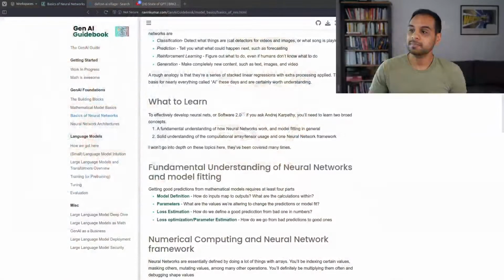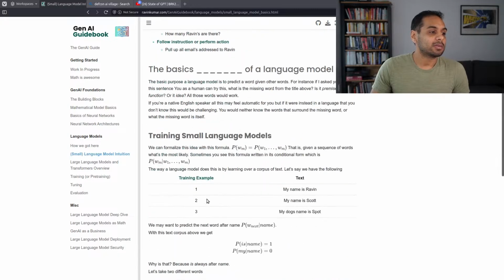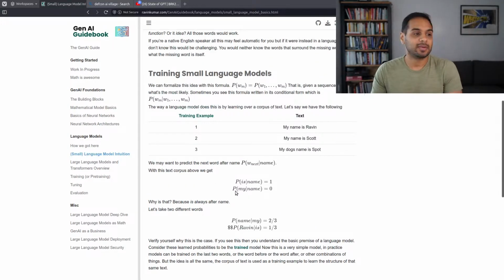Let's pull this back up. We then talked about small language models. This was the last session, and in the small language models, what we wanted to do was take a sentence and have our model learn the probabilities of certain words.